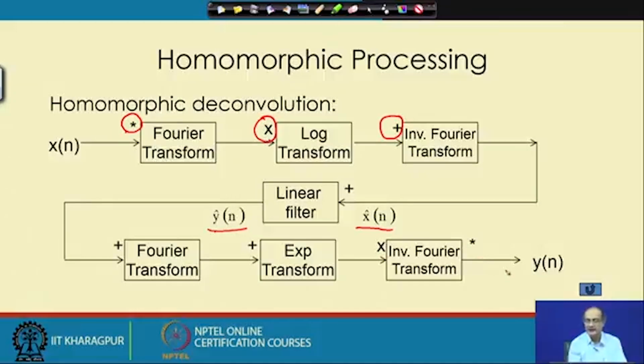So, we get back to the original domain here, and we get the output as y n. That is the way we can have the deconvolution using homomorphic processing, and we can separate two components which are combined through that convolution operator.